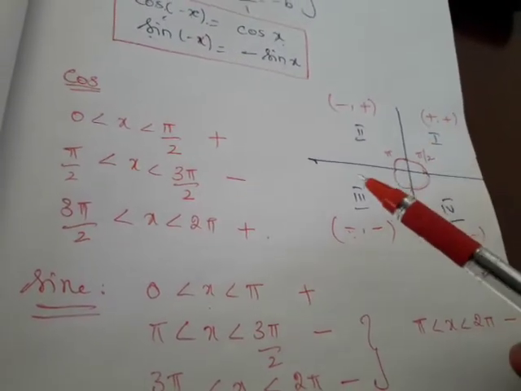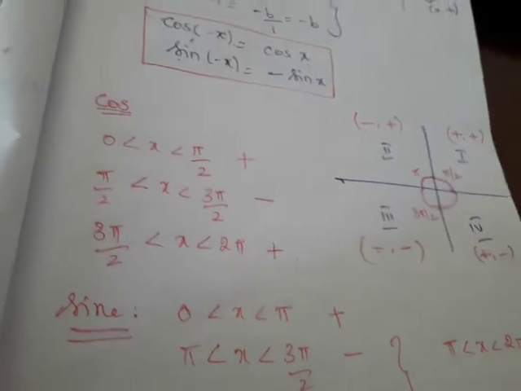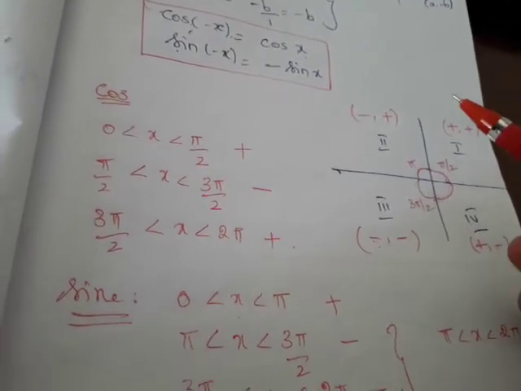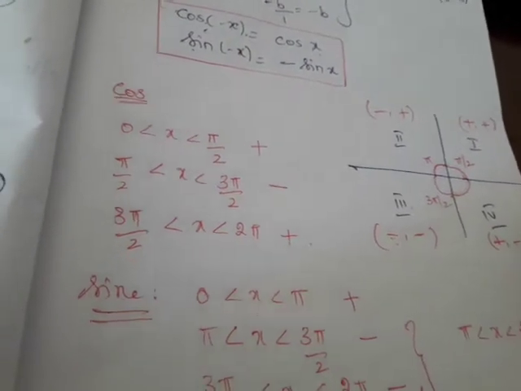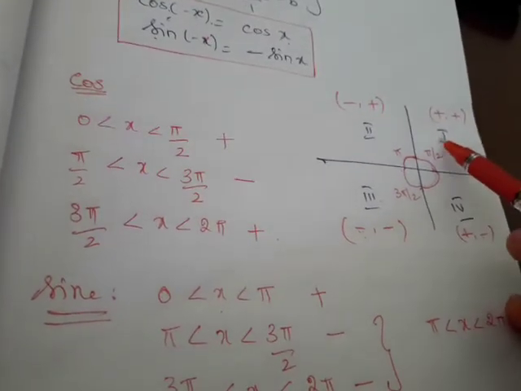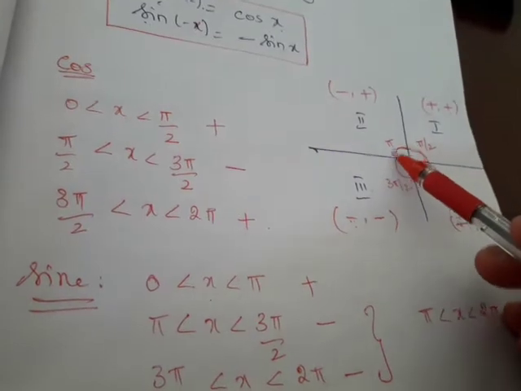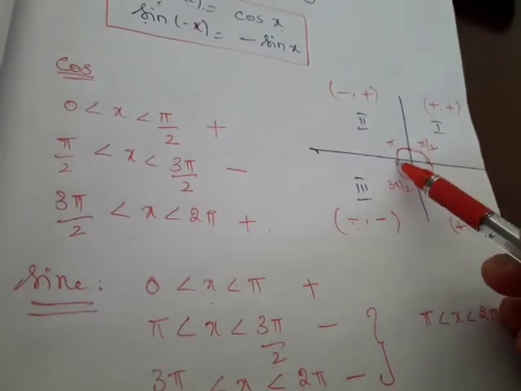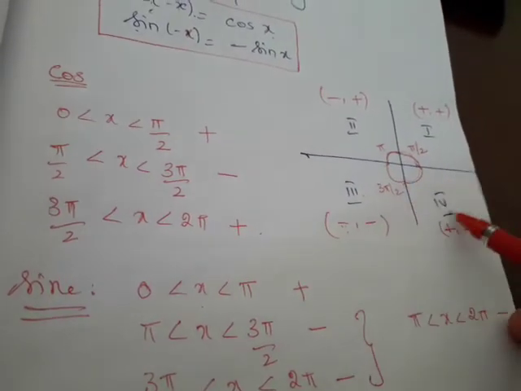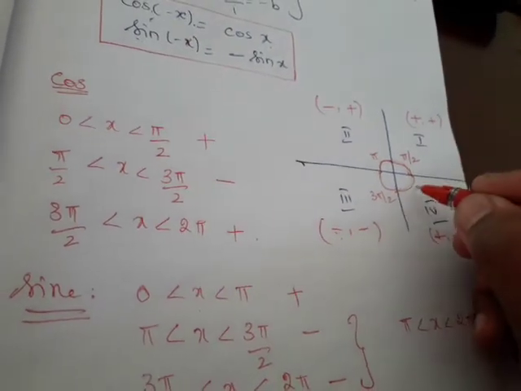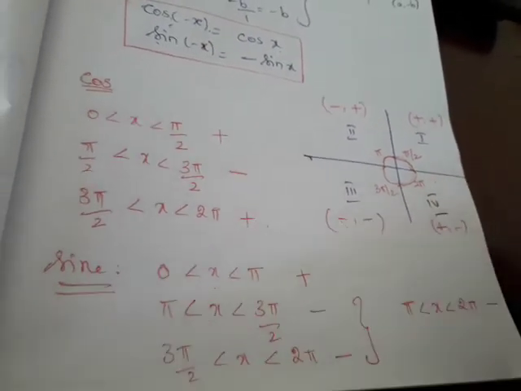Now we have connected the quadrant with the radian measure angle. So first quadrant will be from 0 to pi by 2, second quadrant pi by 2 to pi, third quadrant pi to 3 pi by 2 and the fourth quadrant 3 pi by 2 to 2 pi, right?